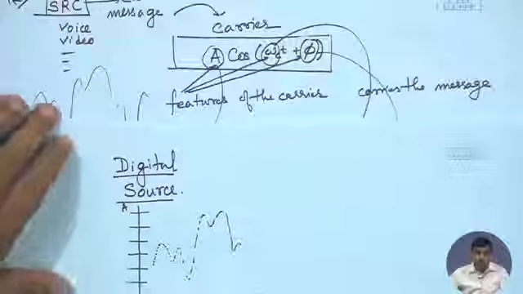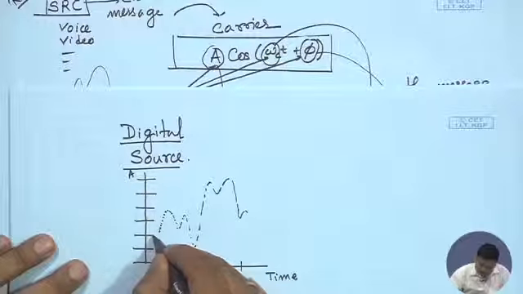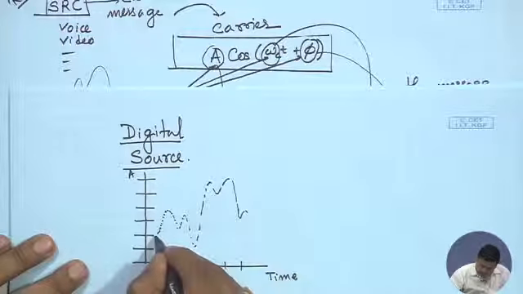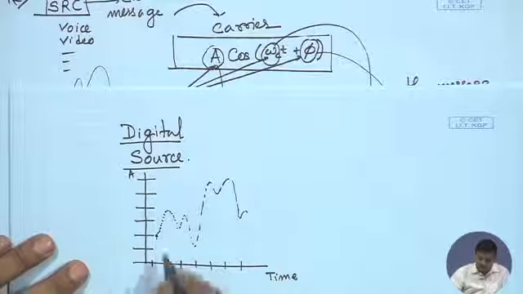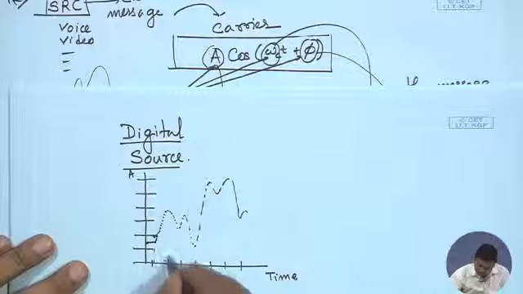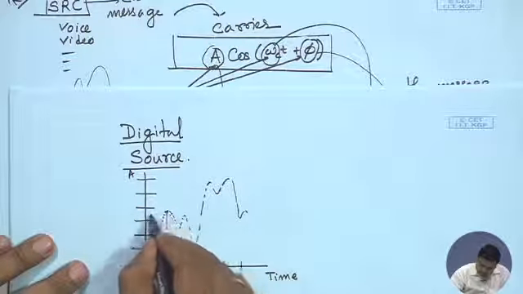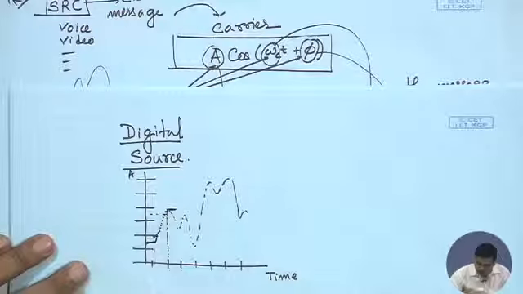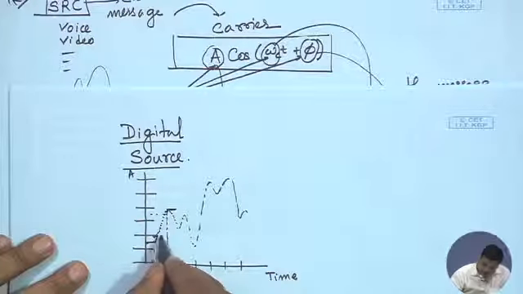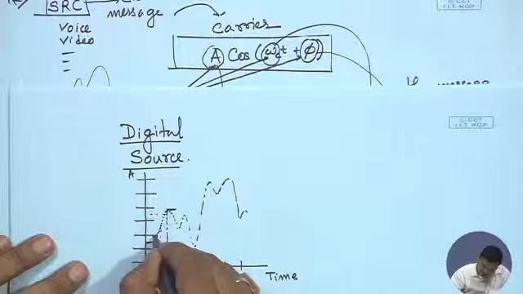So to convert it to digital, let's say at this time instant I would choose the value which is given by this. At this instant of time, I would choose this particular value. At this instant, since it is above this threshold, I would choose here. So roughly speaking, if I were to sample here, I would get a better resolution picture.